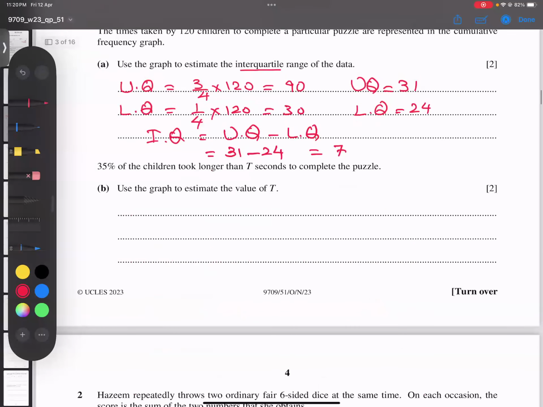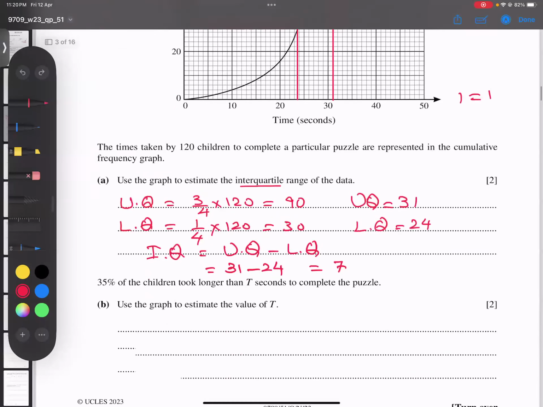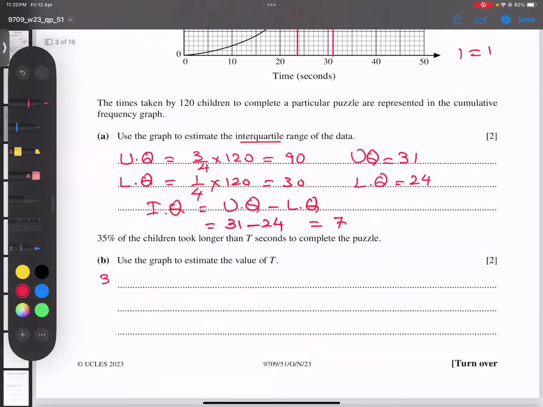Next, it says 35% of children took longer than T seconds to complete the puzzle. Use the graph to estimate the time T. So 35% of the 120 total students: 35 divided by 100 times 120.